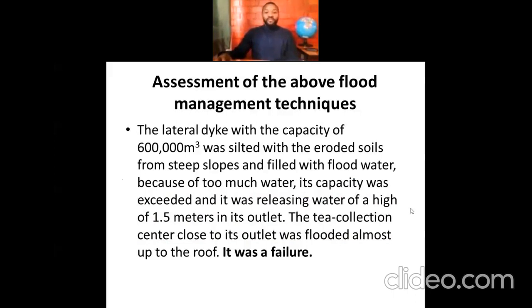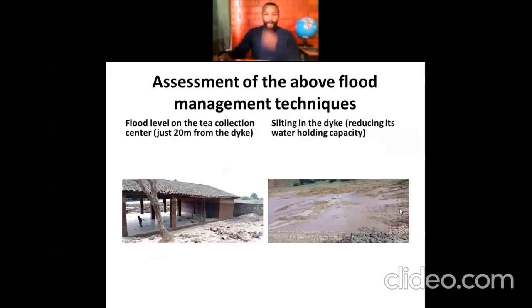In the outlet, water was reaching at almost 1.5 meters. And the tea collection center that is close to the outlet was flooded almost up to the roof. And that was a failure of the dam, of the dike.